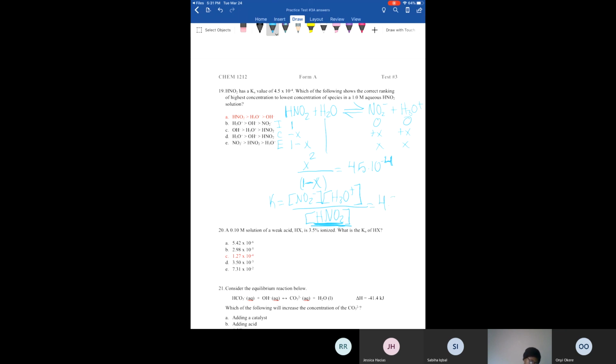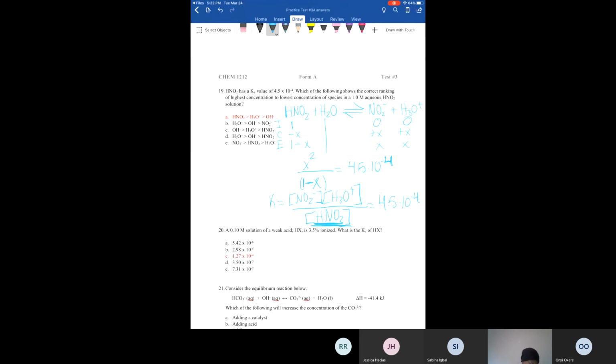Since your Ka value is 4.5 times 10 to the negative 4, lower than 1, you're going to have more reactant than product. It's not going to dissociate completely, whereas something like a strong acid would definitely have more product than reactant. If your K value is lower than 1, your equilibrium favors reactants. Greater than 1, it favors products.